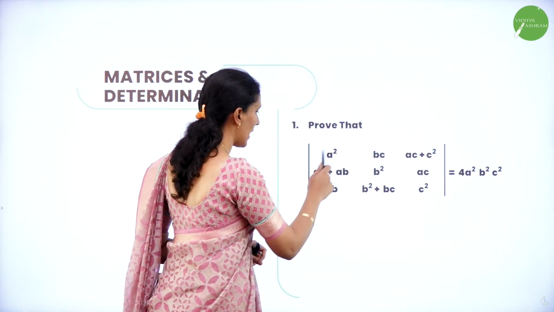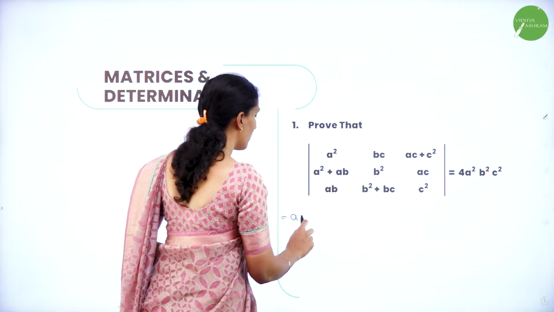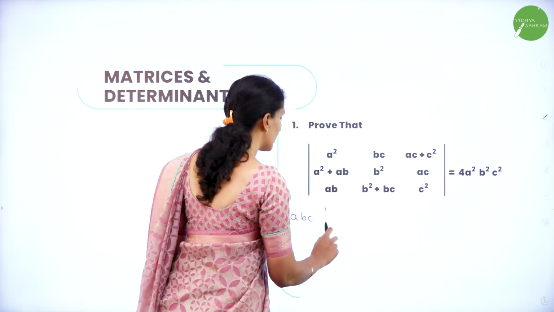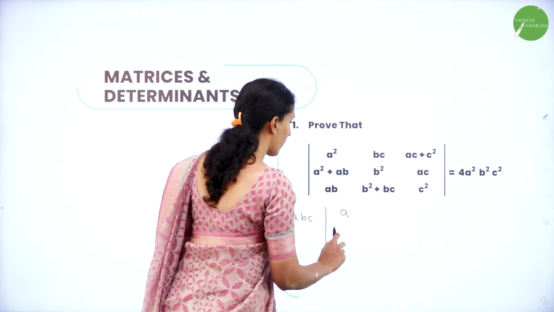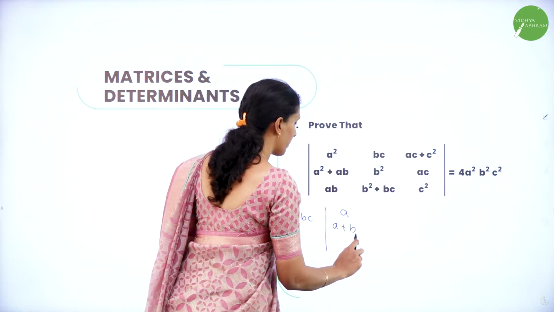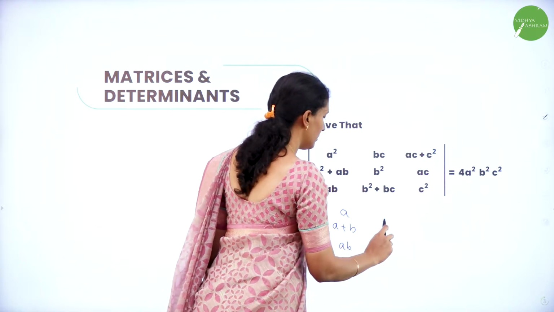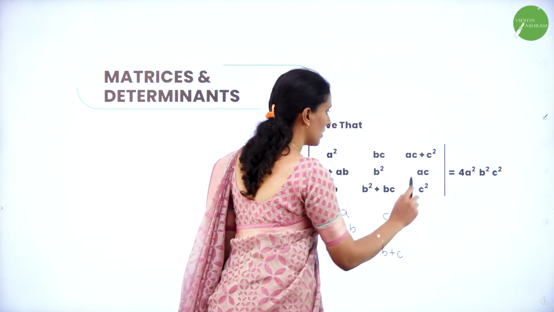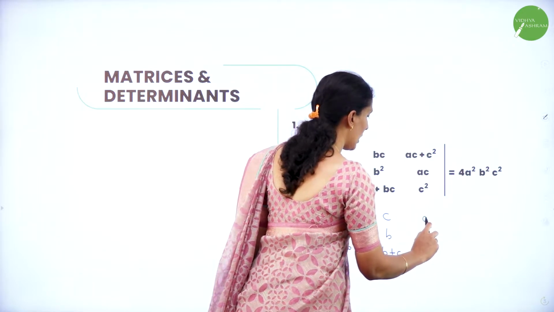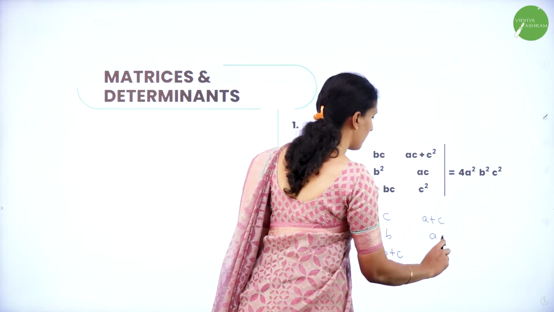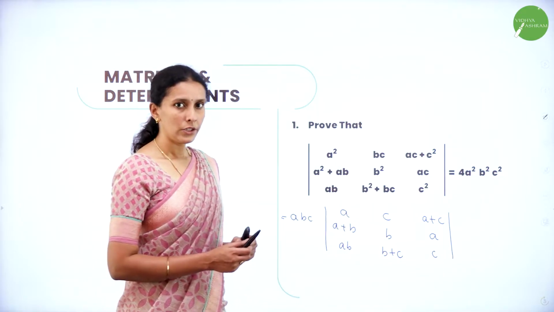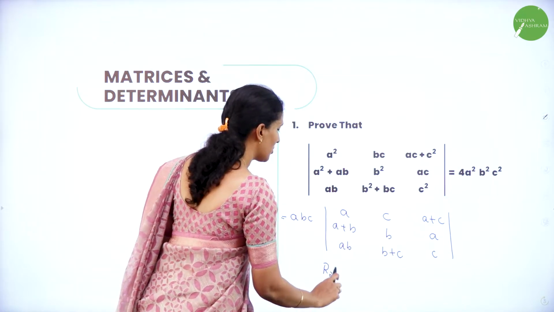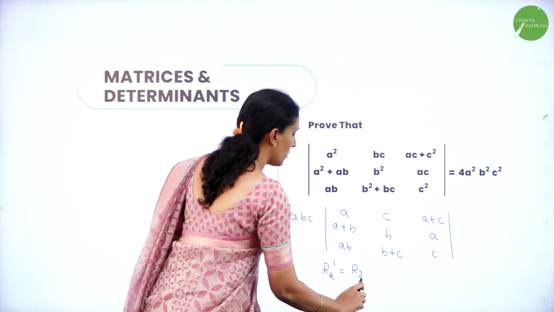Taking a, b, c out from the first, second and third columns of the LHS, we get the determinant with rows: a plus b, a, b; c, b, b plus c; a plus c, a, c. What I'll do next is rewrite R2 dash as R2 minus.